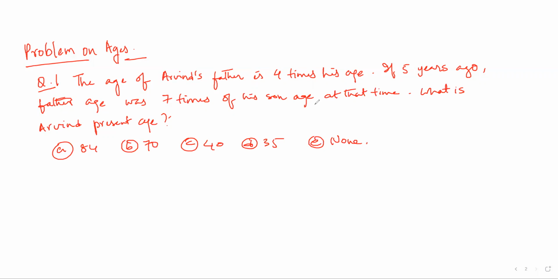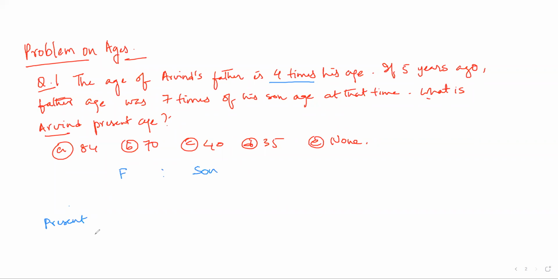It is a different way but the same logic. Arvind's father is 4 times his age at present, but 5 years ago the father's age was 7 times of his son's. Now what is the present age? Let me draw a graph: present, the father, the son.